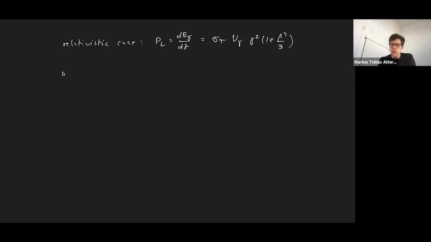So gamma and beta are the Lorentz quantities of the relativistically moving electron in the background. So this is the total power that is radiated away by the electron.